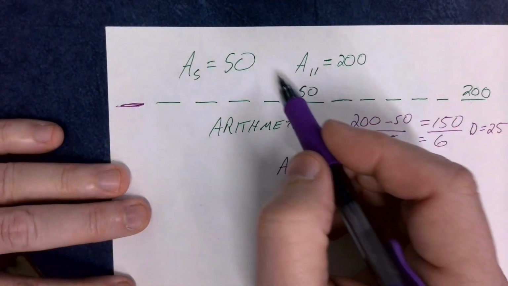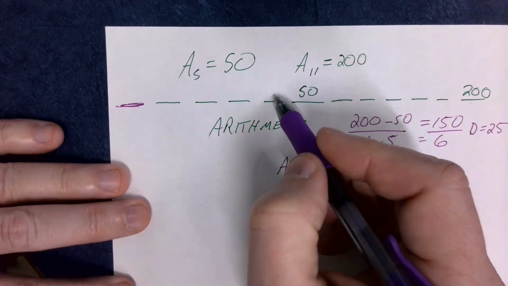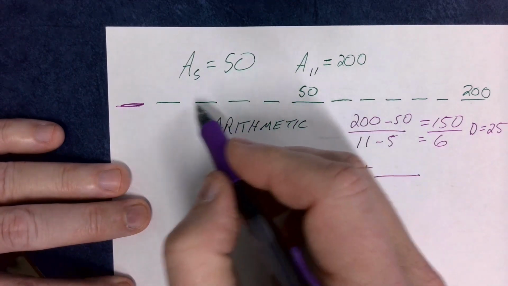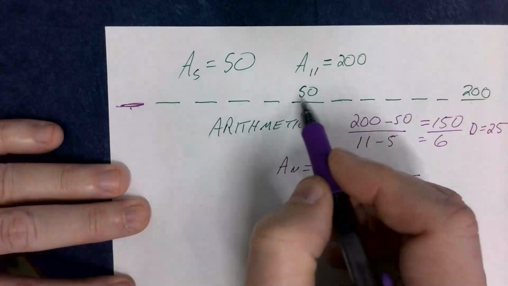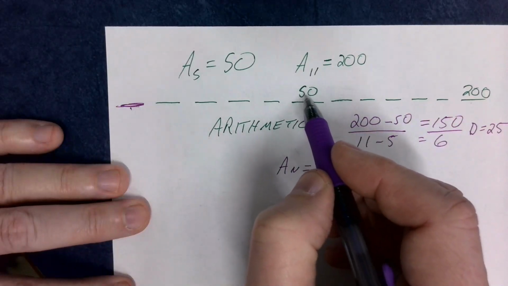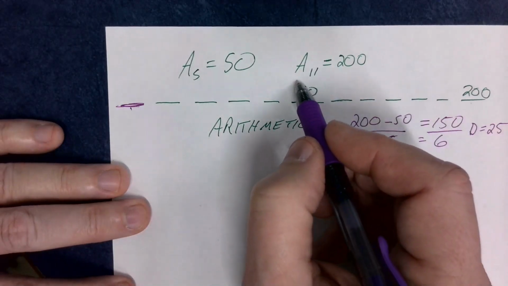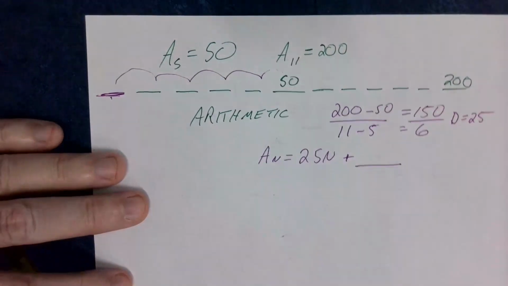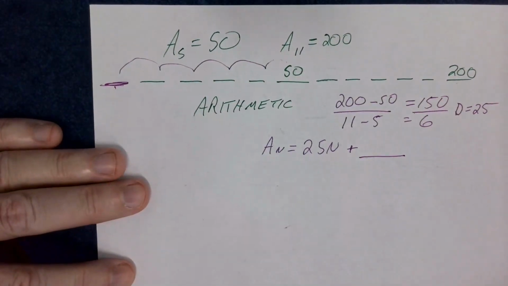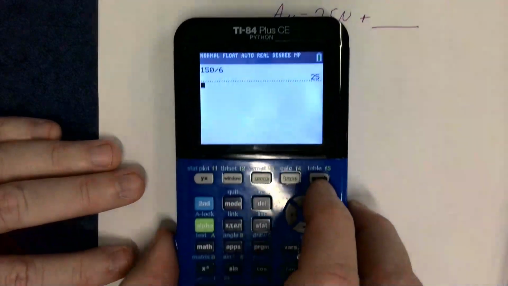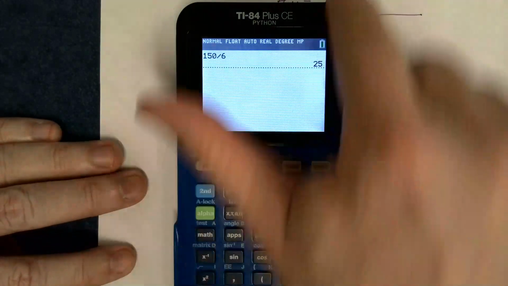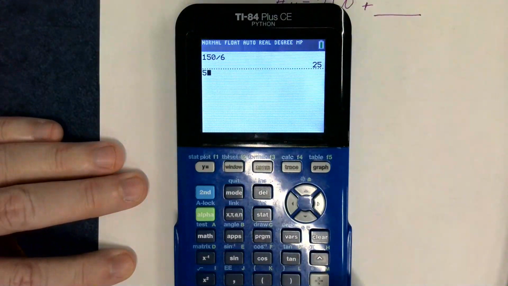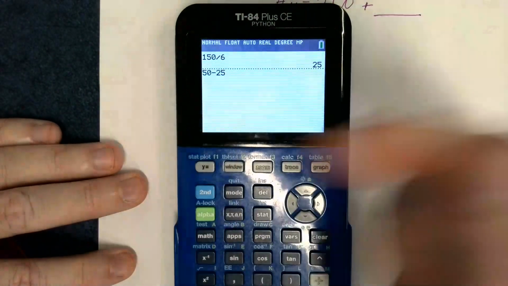So that means I've got to go 1, 2, 3, 4, 5 down from 50. This is going up by 25, so I've got to go 1, 2, 3, 4, 5 down from that number. On my handy dandy little calculator, I know that that term number is 50. So I got 50, and I'm going to do minus 25, because if I'm going down, it's minus 25.